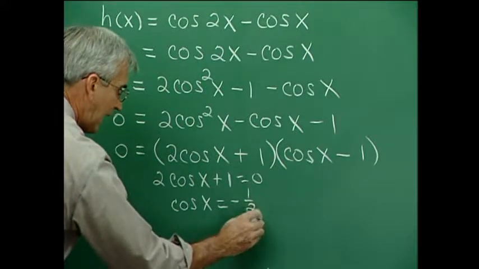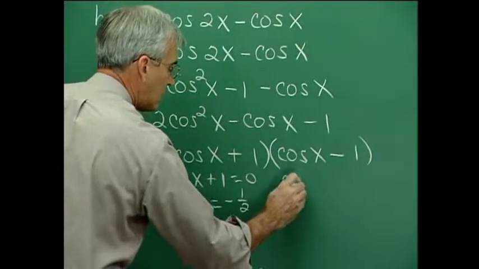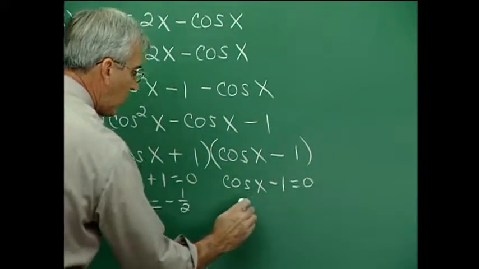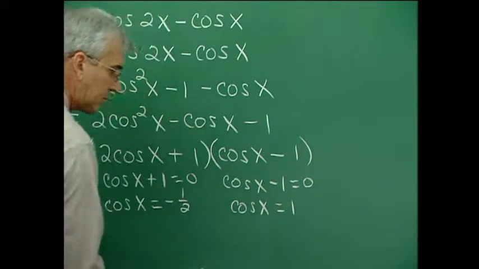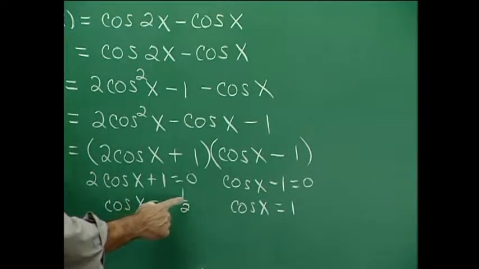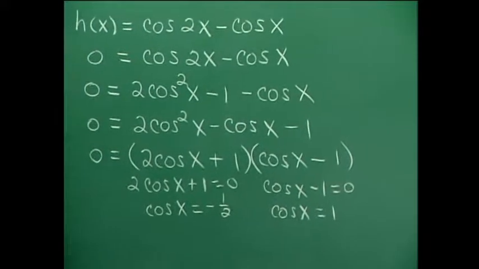This is minus 1/2. Now we're going to evaluate this. Let's go over and solve this one right quick. We have cosine x minus 1 equals 0, or cosine x equals 1. Okay, for this one, cosine x is negative 1/2. Well, I need some more information here.